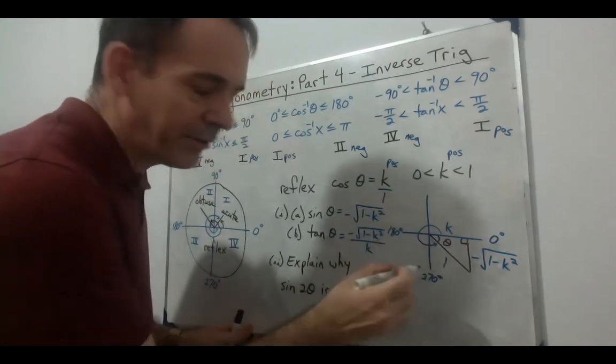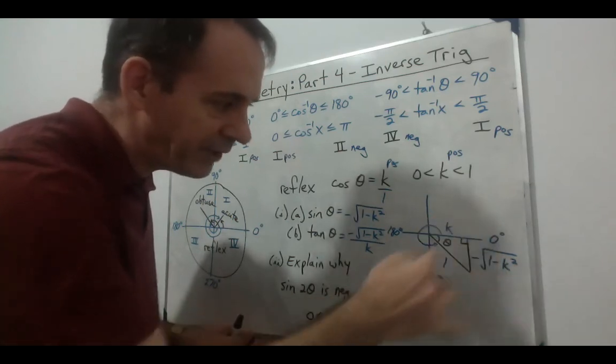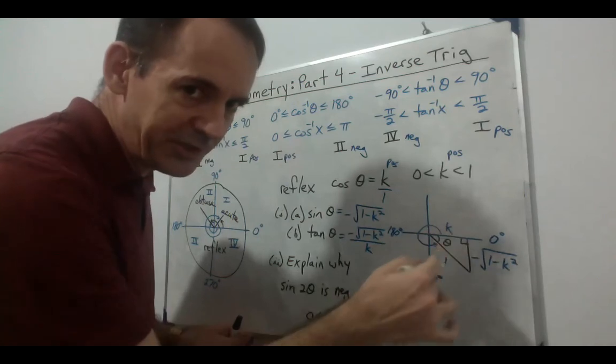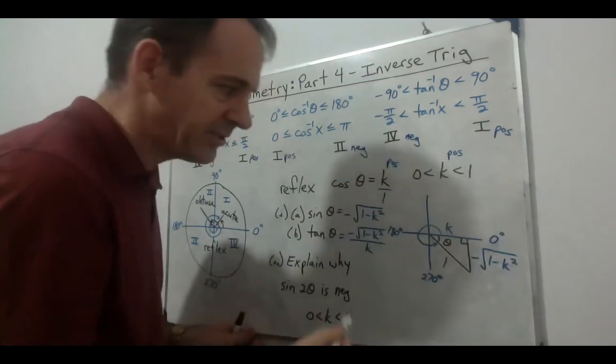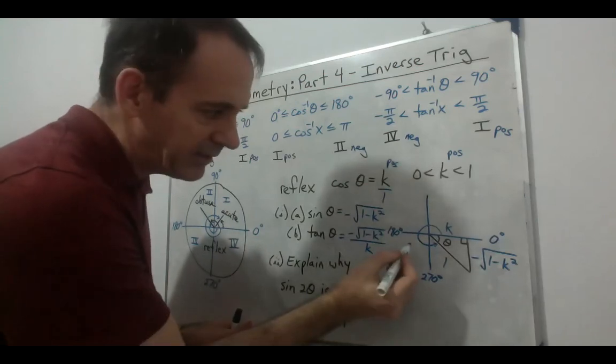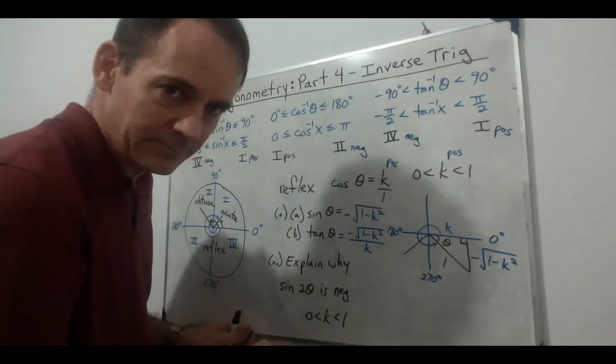So if we double the angle of our original fourth quadrant, whatever it is between 270 and 360, you double that, take away one complete circle, and you're going to end up somewhere in the third quadrant.